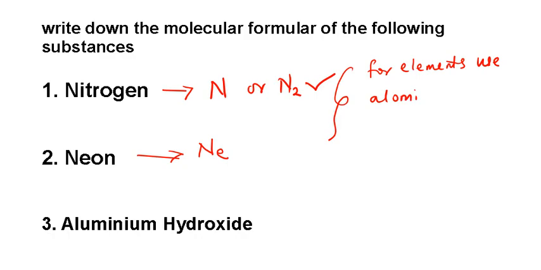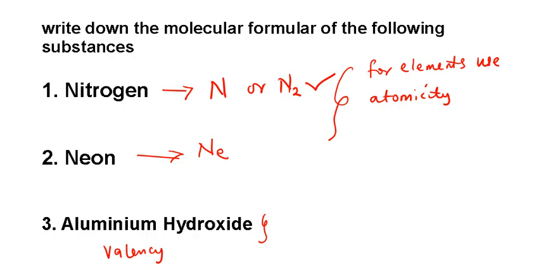Aluminium hydroxide is a compound. So when we are trying to get the molecular formula for compounds, you are going to use valency. Let's look at aluminium hydroxide.